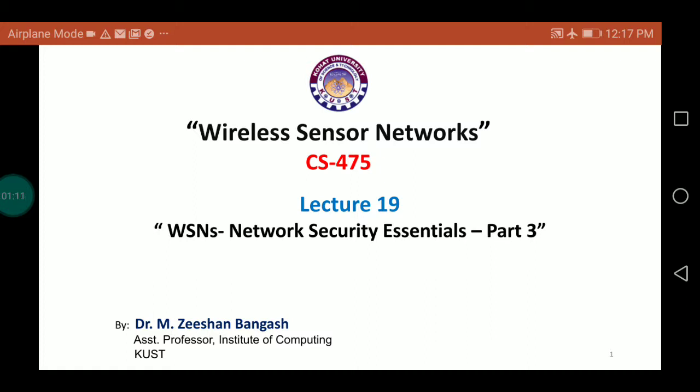And then we further discussed some scenarios of attack, and we discussed the eavesdropping attack, message replaying attacks, and different categories of attack. So in this part, which is part number 3, we will further discuss some more concepts related to wireless sensor network security. So let's move to the outline of today's discussion.